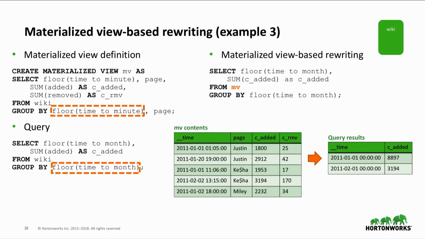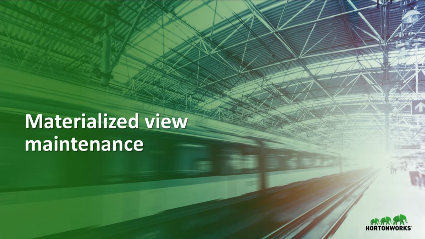So you can see there in the contents how we can basically infer the query results from them. These are 3 examples that I wanted to show. There are many more, and I'm sure that with feedback we'll get much better. So let's move on to the maintenance.